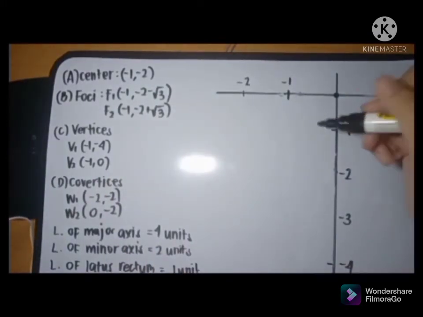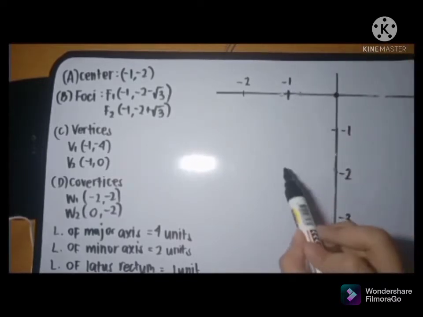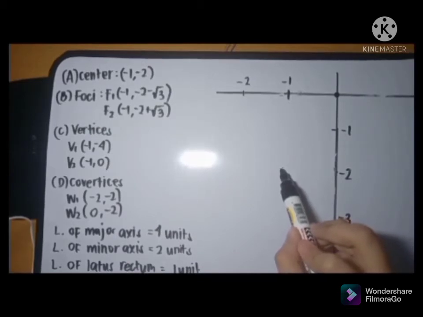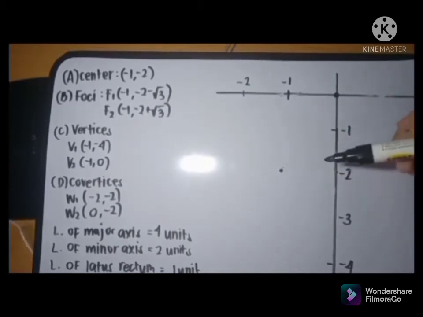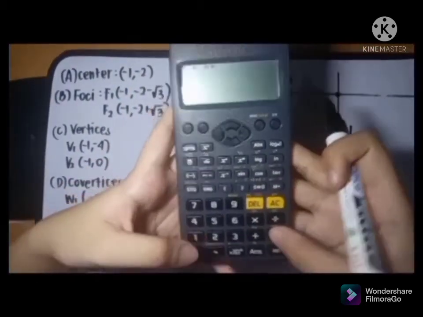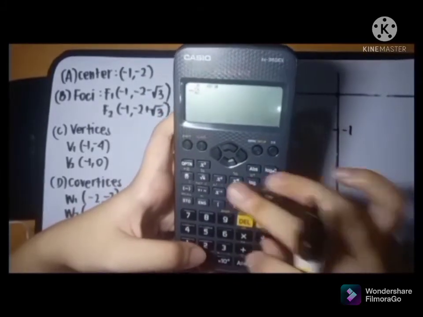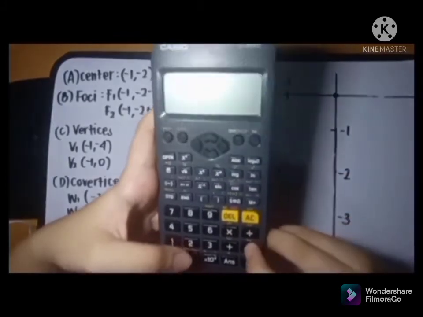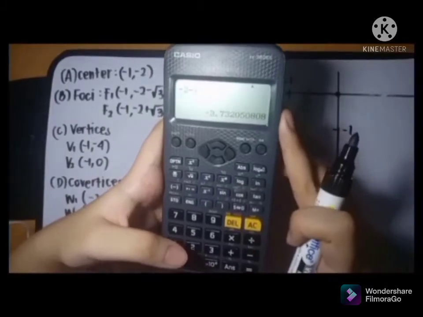For the center, we have -1, -2. So -1, then comma -2. So it should be right here, and that is our center. For the foci, we have f sub 1, which is -1, -2 minus square root of 3. So we are going to use a calculator to find the decimal form of -2 minus square root of 3. That gave us an answer of -3.73.